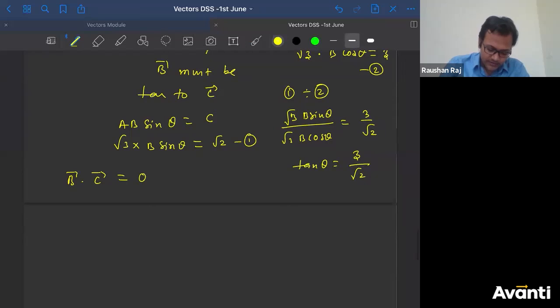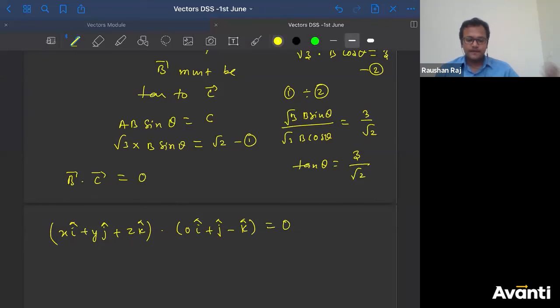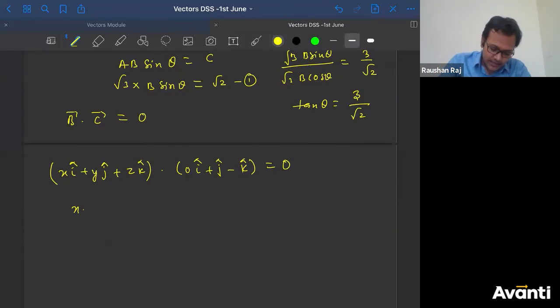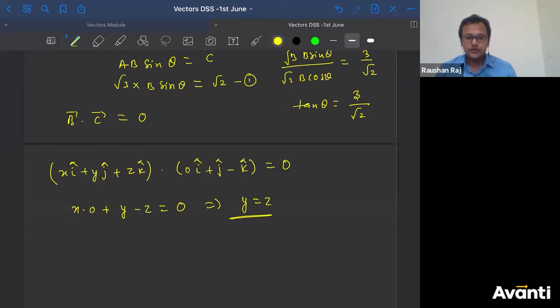So B dot C is x i cap plus y j cap plus z k cap dot 0 i cap plus j cap minus k cap. Solve this and see what you get: x into 0 plus y minus z is equal to 0. So from here I get y is equal to z.